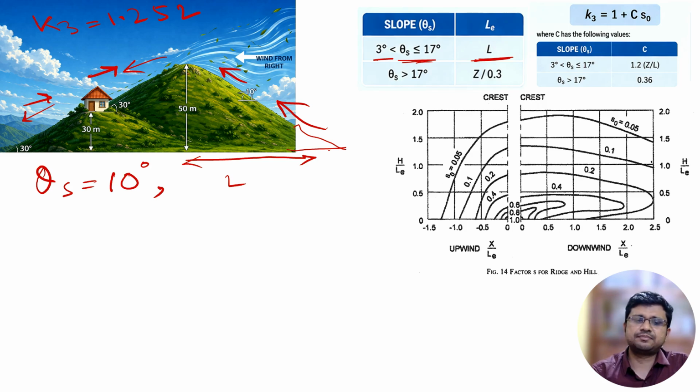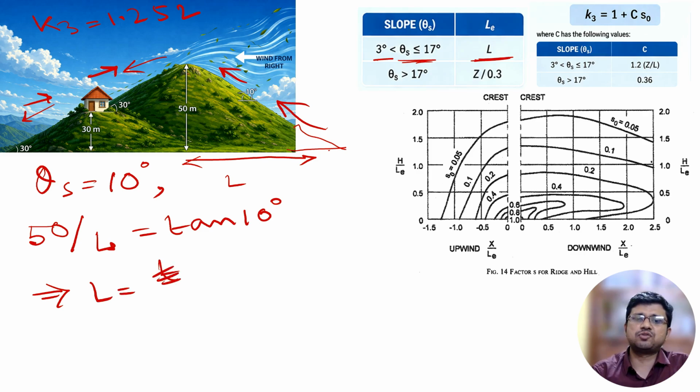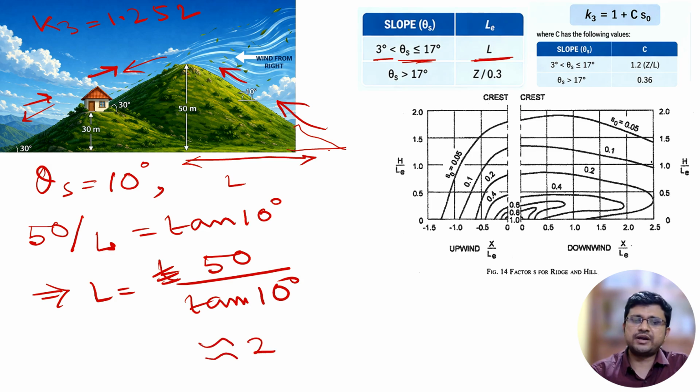So actually 50 by L will be tan 10 degree. So L will be equal to 50 by tan 10 degree, and it will be close to 283.56 meter.